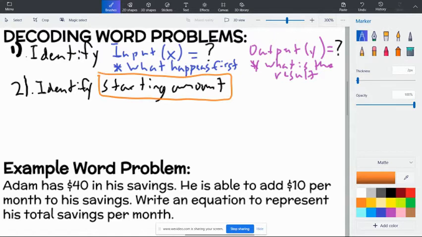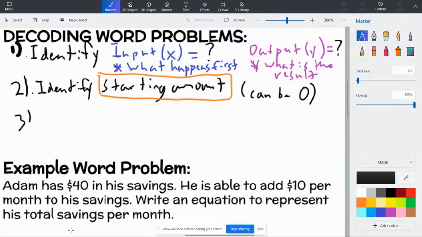If you're trying to follow along with the colors, you can use orange for that. And your starting amount can be anything. It can even be 0. A lot of times problems won't really have a starting amount that they'll tell you about. It'll just kind of start the problem and tell you how much something is growing or what's kind of going on with a situation. It won't have a starting point. If it doesn't have a starting point, it's likely that the starting point is actually 0. Okay.